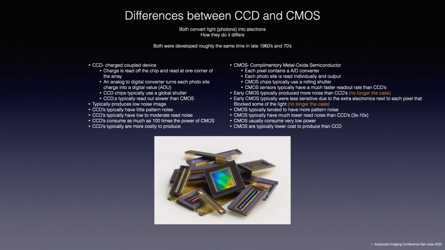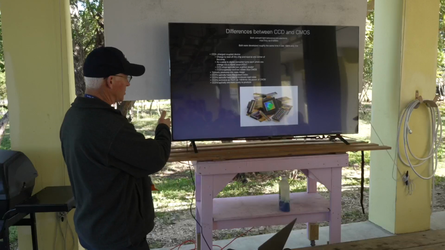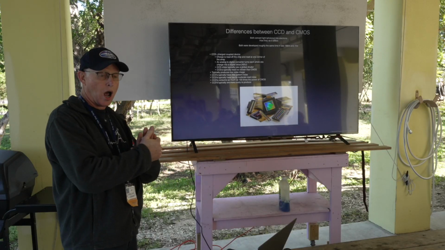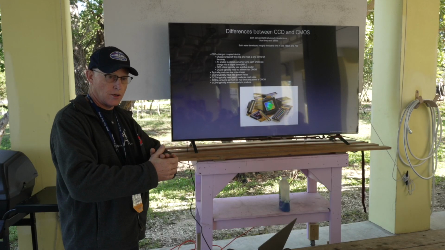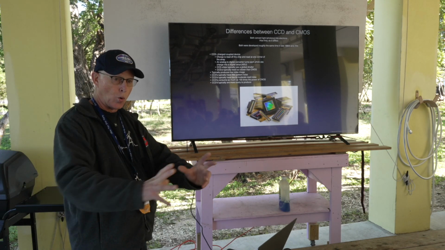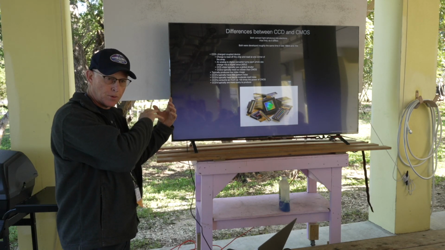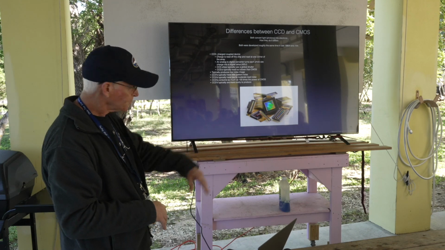So CCDs are charge coupled devices. They were developed in the 60s and 70s along with CMOS at that time. The big difference with these chips is when you take a shot and your shutter closes, that data is all read out at one shot, boom, off the side of that chip.